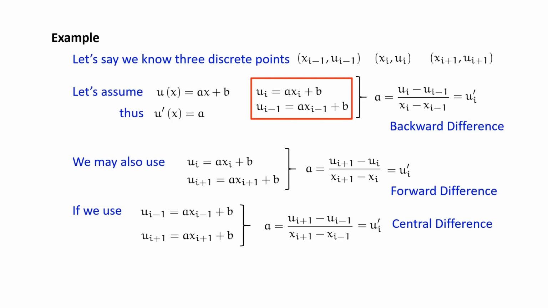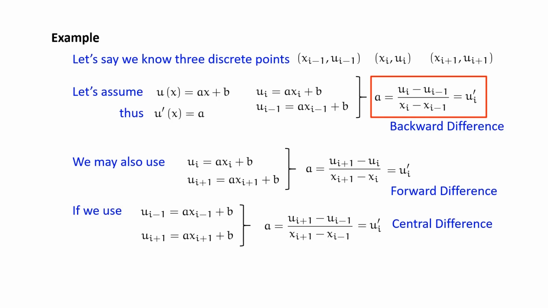In fact, we don't need b at all, we need only a to get the derivative. If you solve these two equations, then your a is (u_i minus u_{i-1}) divided by (x_i minus x_{i-1}). And we already know that this is exactly the definition of the numerical derivative using backward difference.